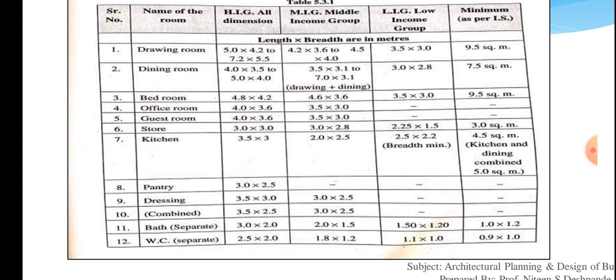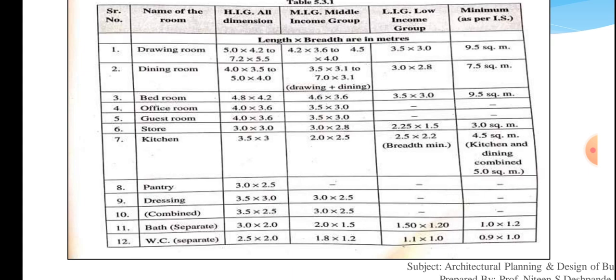For pantry, higher income group should have 3 by 2.5. There is no specification for middle income group, lower income group, and Indian standard. For dressing room, the higher income group shall have 3.5 by 3, for middle income group it should have a size of 3 by 2.5, and there is no specification for lower income group or the minimum of the Indian standard.